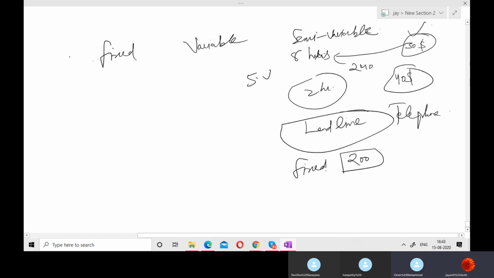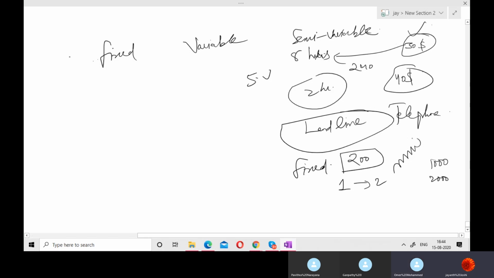That is fixed. Whether you call someone or you don't, it is none of our business. Beyond this 200, whatever you are making per call, we are going to charge you 2 rupees. So with the number of calls increasing, the bill would increase, and then we used to get a bill of 1,000 or 2,000 rupees.